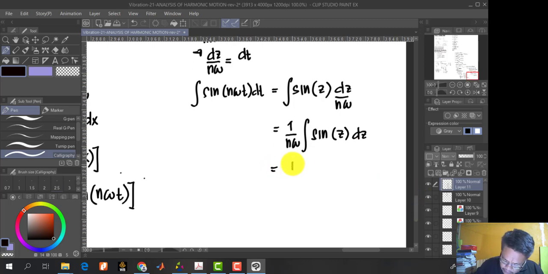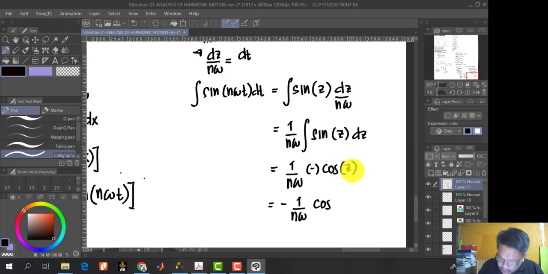That will be 1 over your angular velocity. So integrating the sine is equal to negative cosine. So I'm going to write here negative cosine of z. Then I can write here 1 over my n angular velocity. So that is negative already.